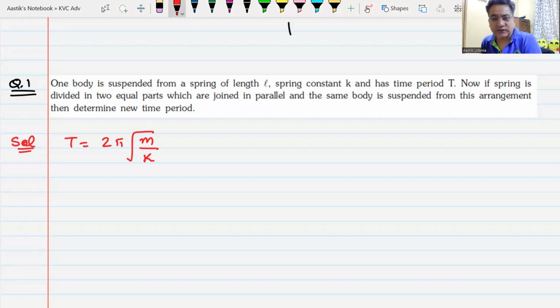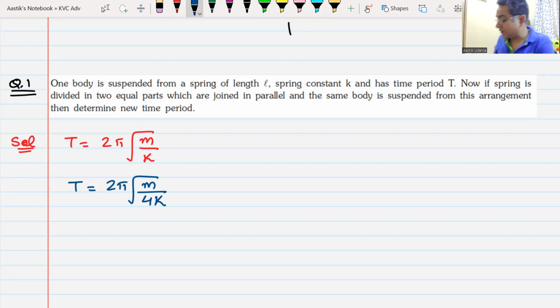What will be the spring constant of those two springs? 2K and 2K, sir. 2K and 2K are connected in parallel. Yes or no? So the effective spring constant will become 4 times K. So that becomes the new time period T1, and you can find out the relation between T1 and T. Do we understand this? Yes, sir. Everyone understands this? Yes, sir.